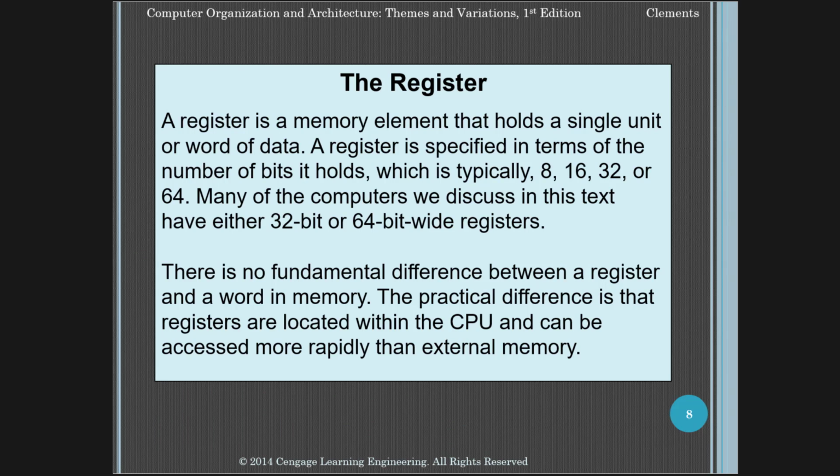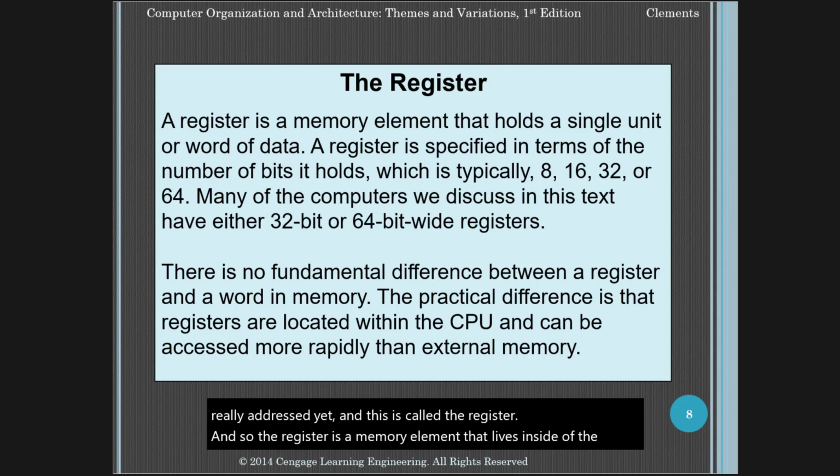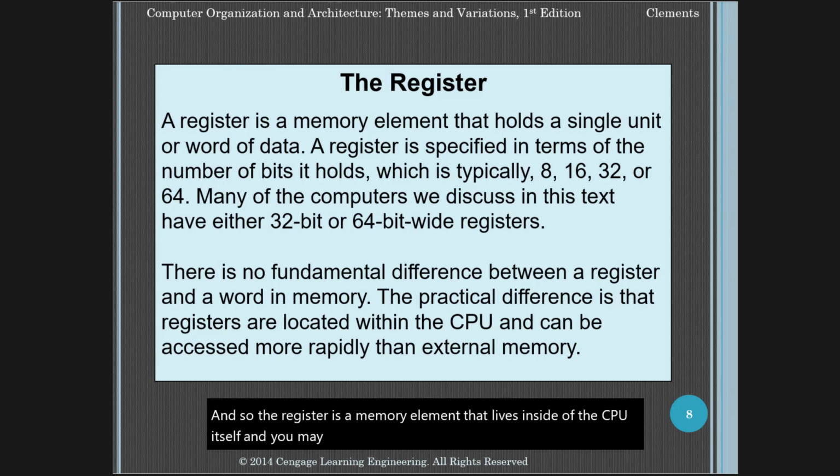So let's talk about one other specific type of memory that I haven't really addressed yet, and this is called the register. The register is a memory element that lives inside of the CPU itself. You may be surprised to know that. When we think about processors, often we're visualizing this chip, and inside of there, it actually has its own little bit of memory, and it's called the register.